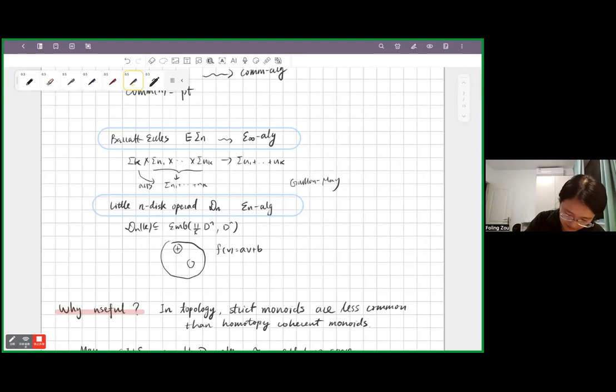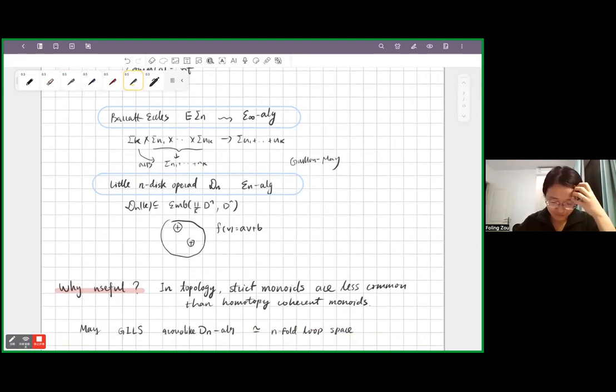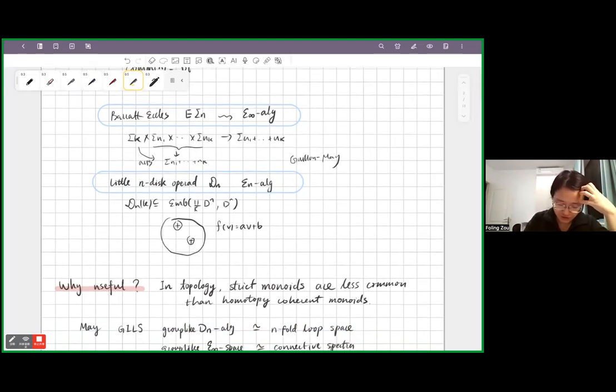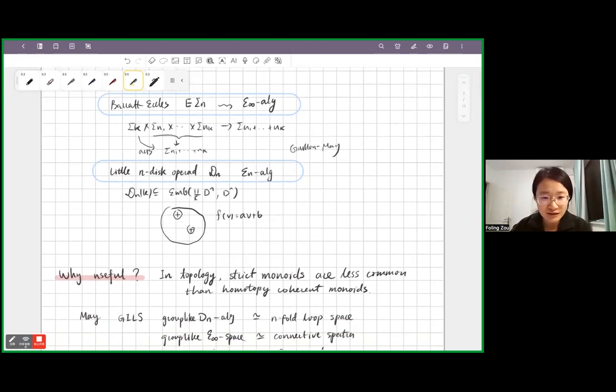So this needs to be embedded without any rotations or stretching. I mean, you can do radius stretching, but you cannot do ellipse ones. And the composition, the structure map, is by composing the embeddings. And algebras over this operad are called E_n algebras.